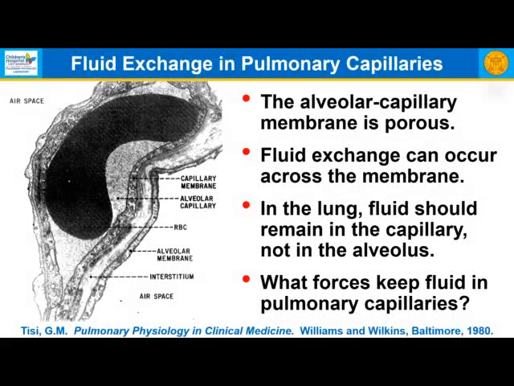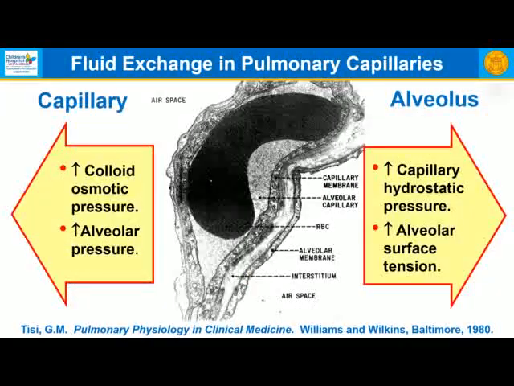So what forces keep fluid in the pulmonary capillaries? Colloid osmotic pressure of plasma tends to keep fluid in the capillary. Alveolar pressure tends to press fluid into the capillary. On the other hand, capillary hydrostatic pressure tends to move fluid out of the capillary into the alveolus, and increased alveolar surface tension can also suck fluid out of the pulmonary capillary into the alveolus.